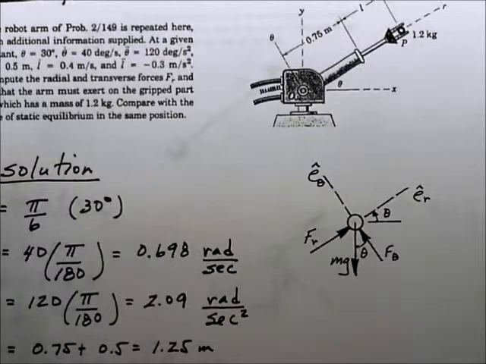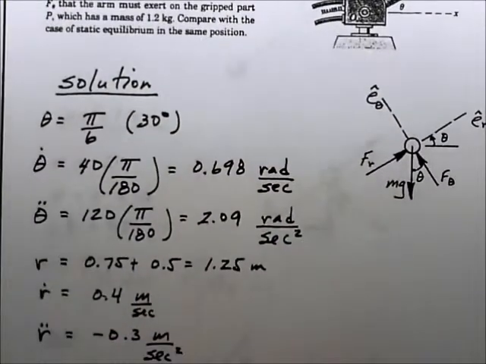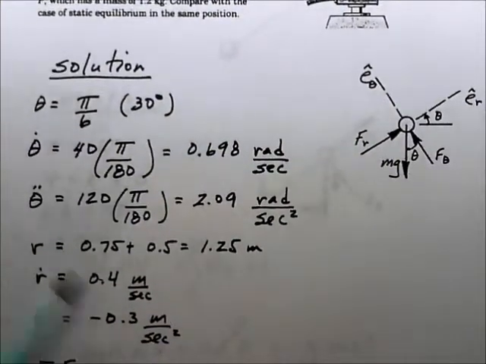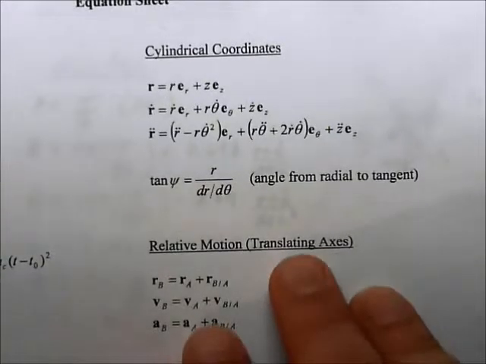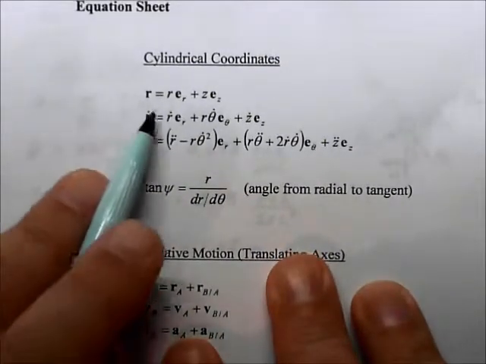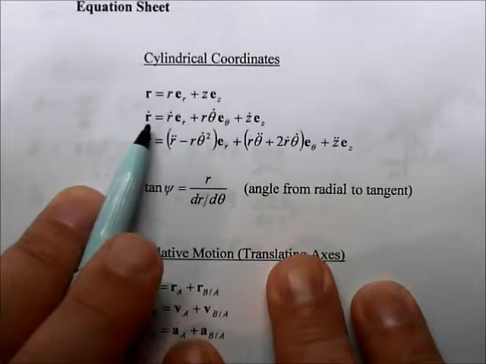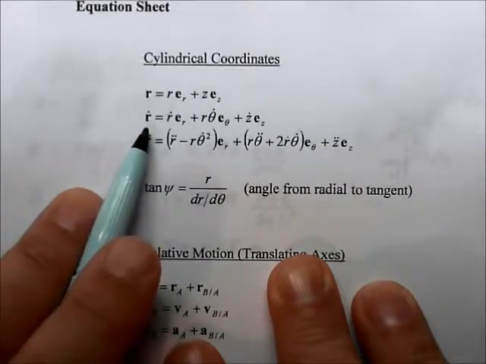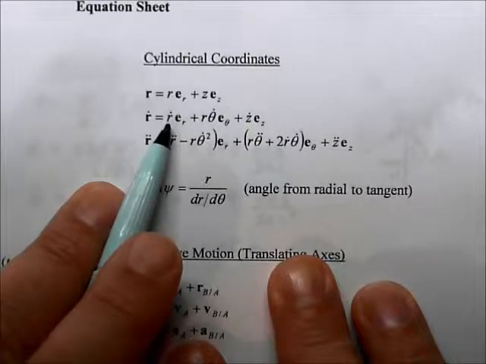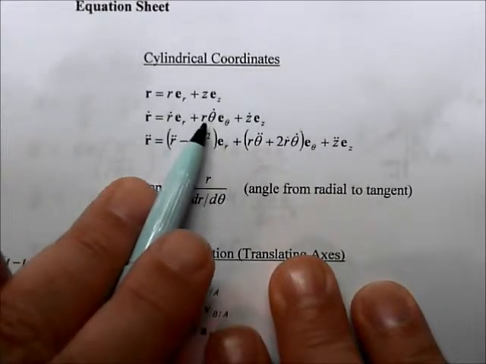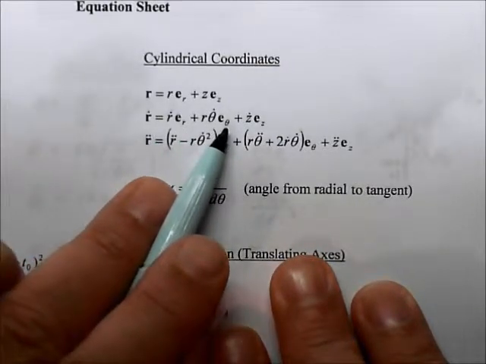So what? We have reached a point where we are able to take our cylindrical coordinate equations, and I know everything I need to talk about the velocity of this thing. The velocity vector is R dot, which is L dot, in the radial direction, plus R theta dot in the transverse direction.